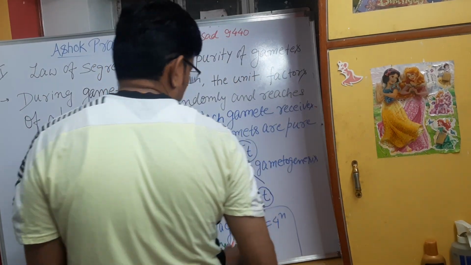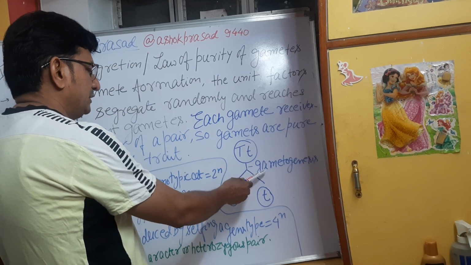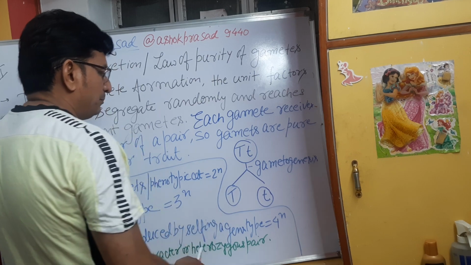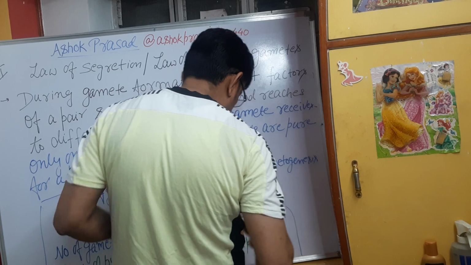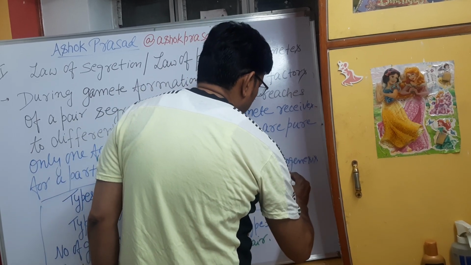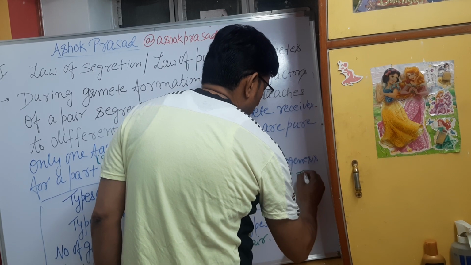Like here also, allele, we see T and T. After gametogenesis what happened? These will separate. Now what happened? It will meet with another one. Suppose the other one is like this one. See, the other can be like this. So what happened?